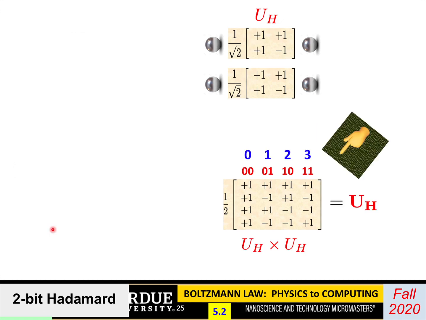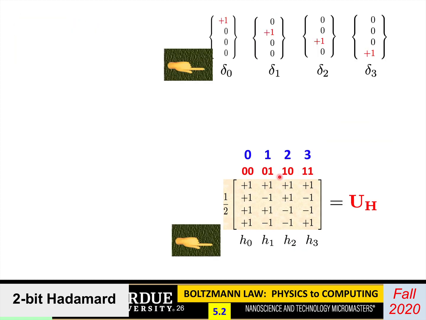Now, it's convenient to express this property concisely because, as I said, this is something that's widely used in many of these quantum circuits. So if you label these columns as 0, 1, 2, 3, which is like the decimal equivalent of this binary representation, then you could name each column according to that.